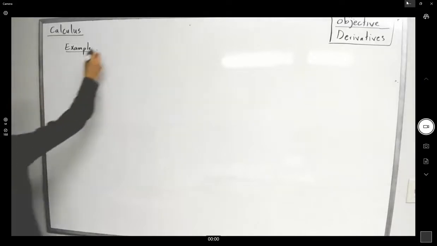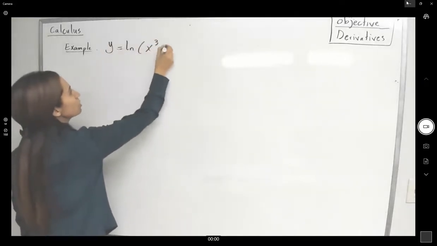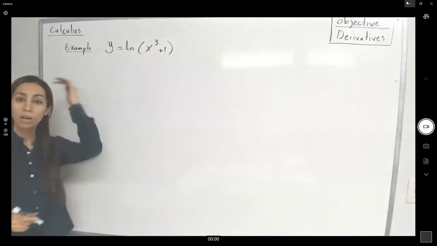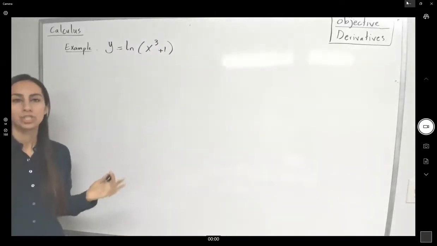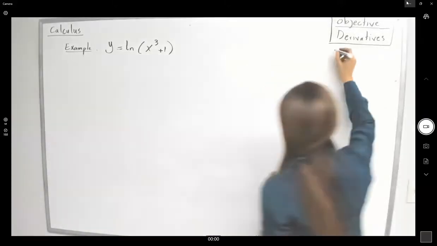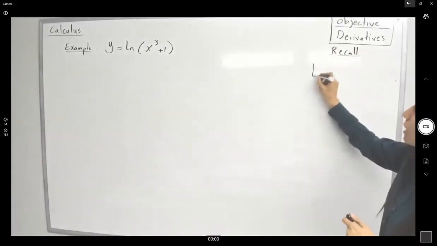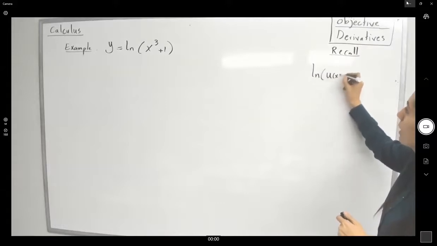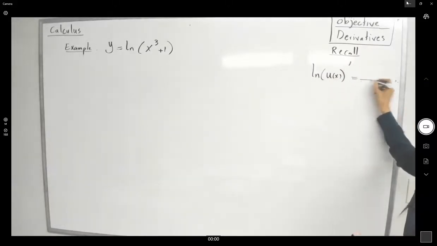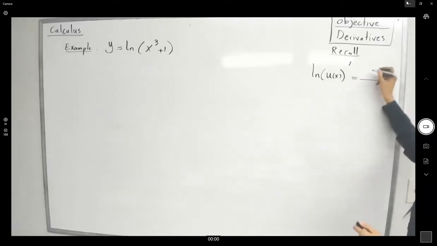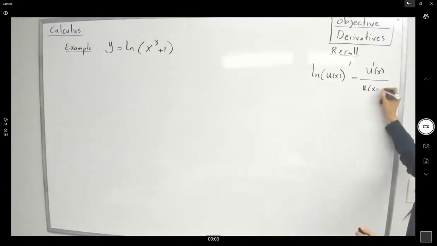y equals ln of x cubed plus 1. Okay, in this case, remember that here we can apply chain rule. Chain rule says, if we have ln of u of x and we want to take the derivative, it's going to be the derivative of u, the quantity inside ln, divided by u of x itself.